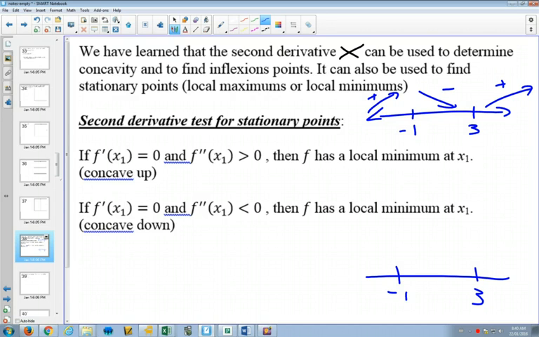Now, second derivative being bigger than 0 means that it's concave up. So if it's concave up and you have the first derivative being 0, does that make sense that that would have to be a minimum?